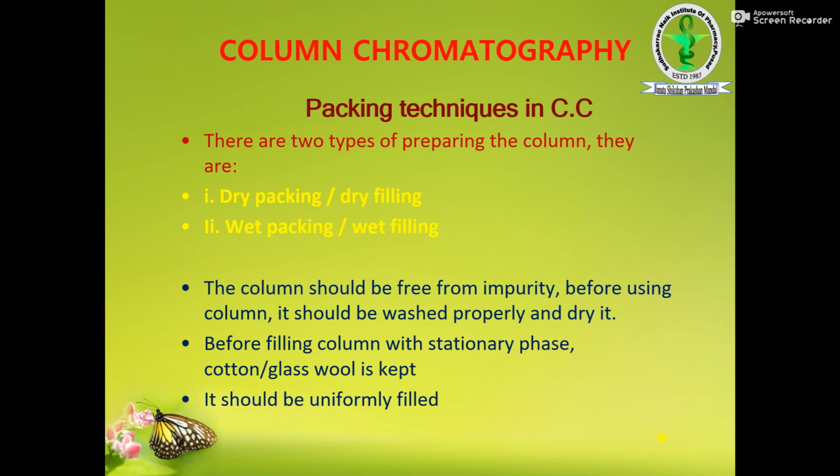We have to wash it properly and dry it before filling. After putting the glass wool or cotton, we put sand, then adsorbent, then again sand, then the sample dissolved in a particular solution, and above that the mobile phase or solvent. Keep that in mind about the whole concept.